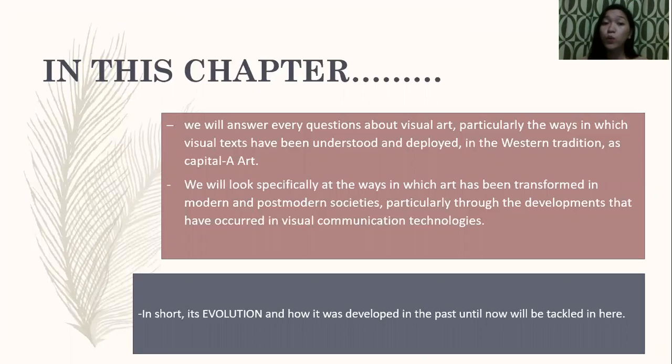Next, we will look specifically at the ways in which art has been transformed in modern and postmodern societies, particularly through the developments that have occurred in visual communication technologies. So in short, we can tackle the evolution and how it developed from the past until now.